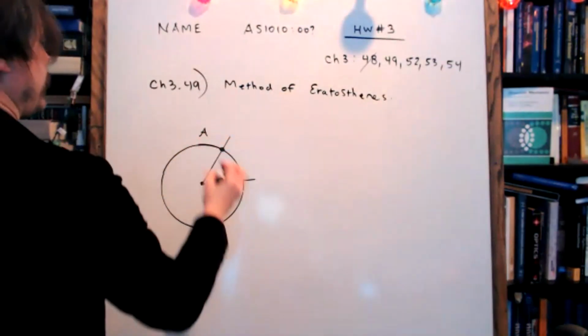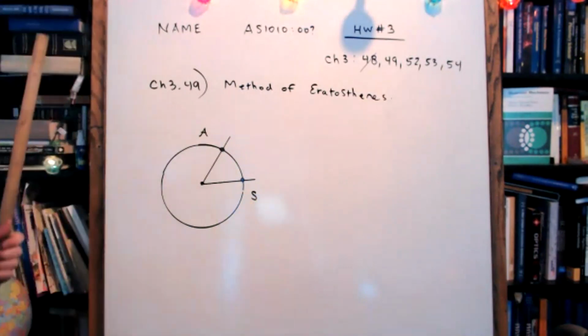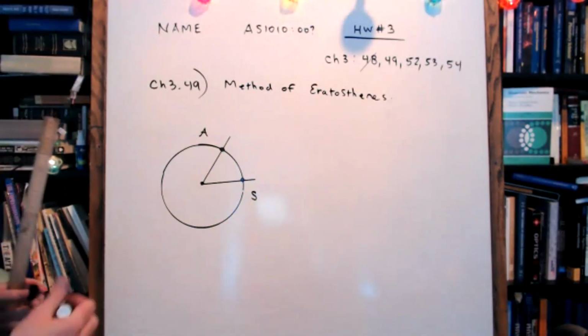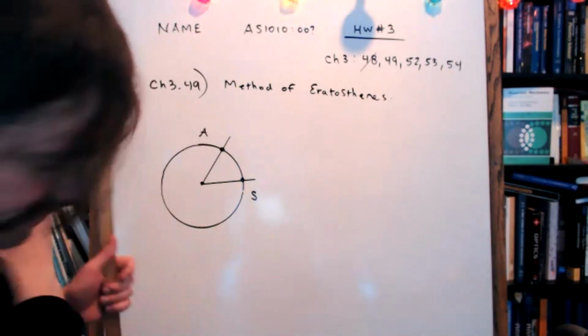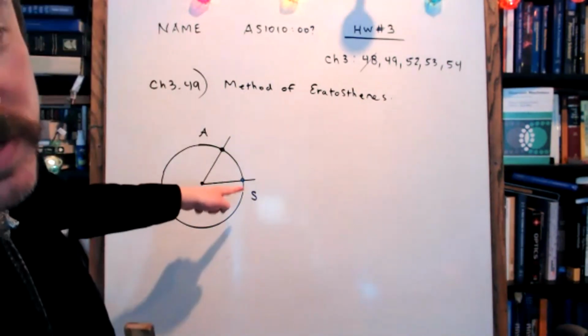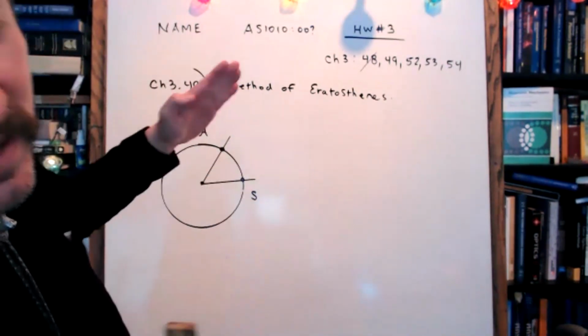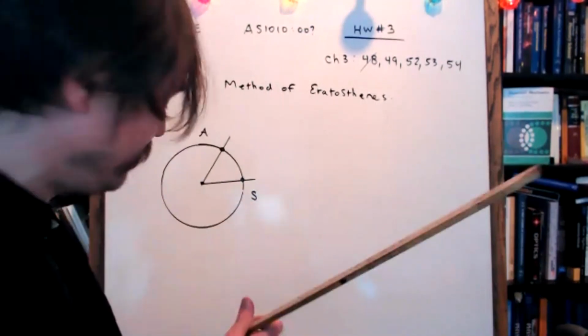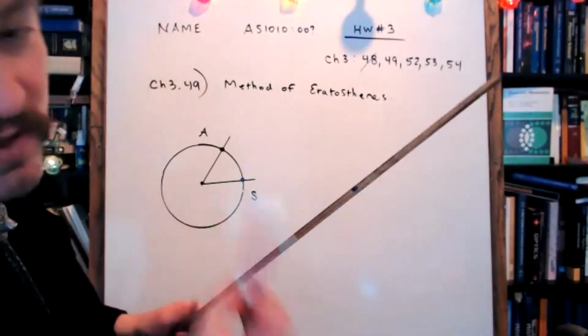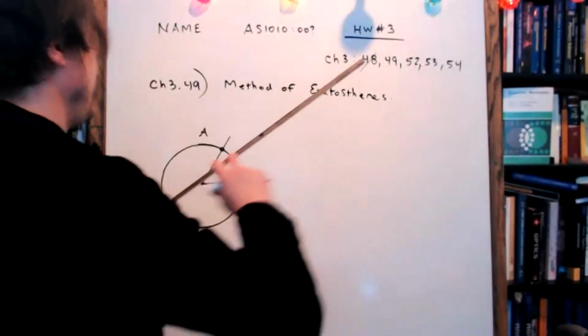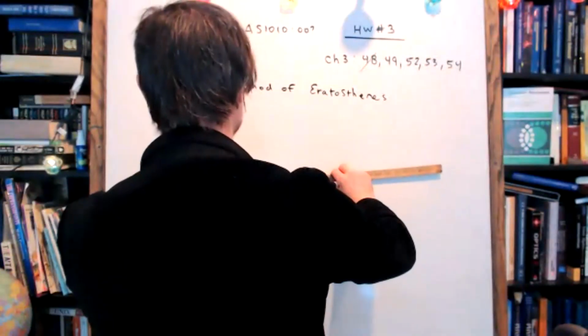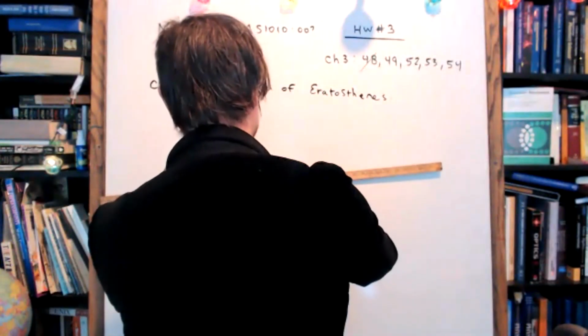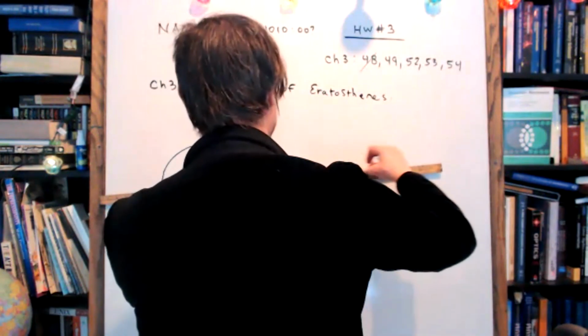This will be Alexandria and this will be Syene. Remember that in Eratosthenes' day, since Syene was a more southern city, the sun could actually reach the zenith at noon. And he knew that because he could see the bottom of a well. Therefore, if you put a stick in the ground at noon on the summer solstice, the stick will not cast a shadow.